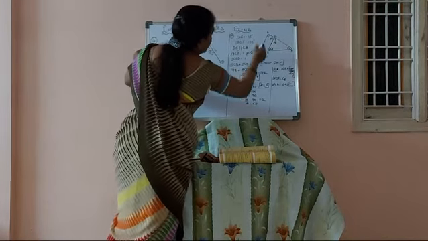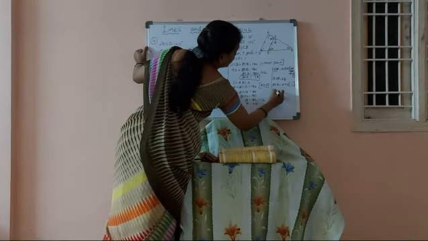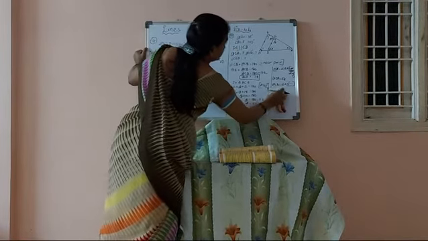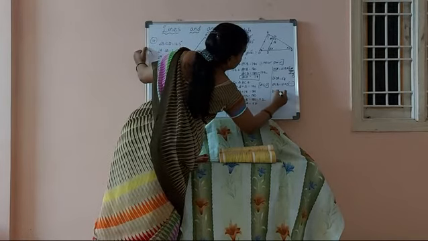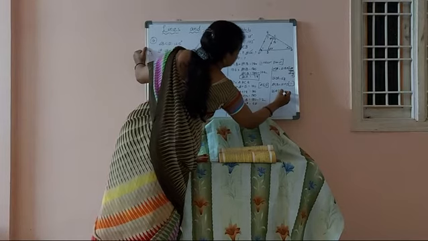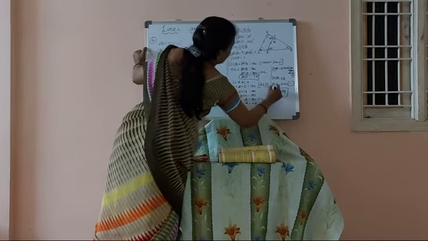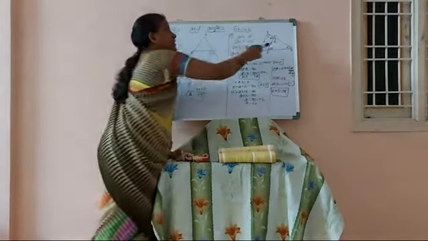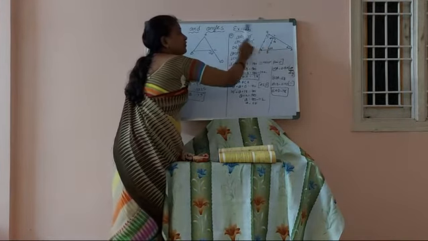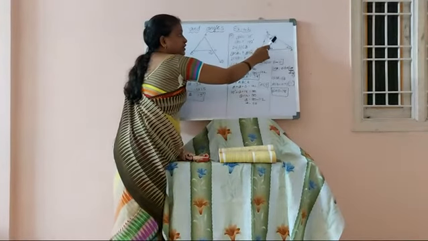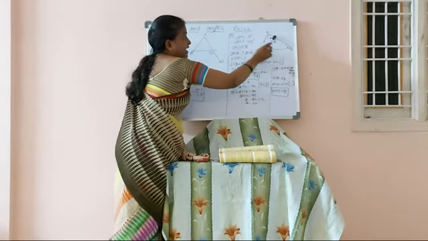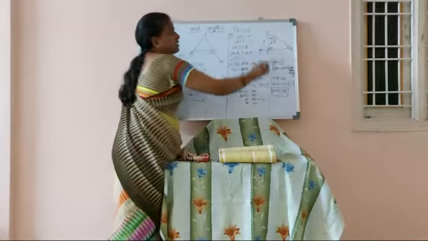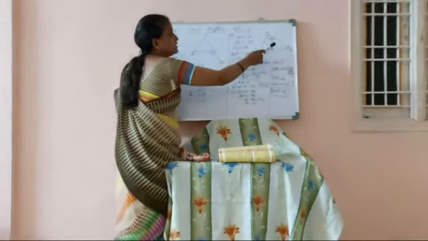So angle CED is equal to 78 degrees. If you observe only these two parallel lines, then you can say that angle ACB and angle CED are corresponding angles, so they are equal, that is 78 degrees.